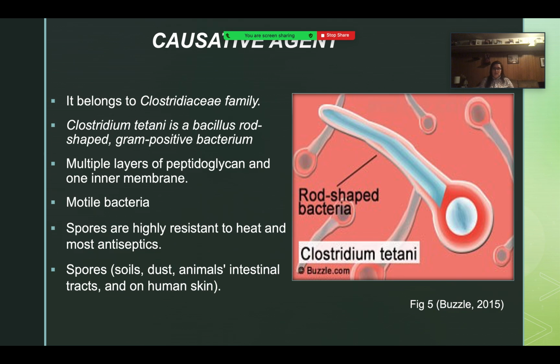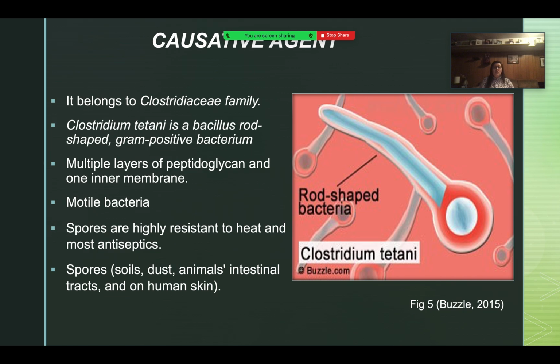The causative agent is Clostridium tetani. Clostridium tetani is a rod-shaped, gram-positive bacillus. It is formed by multiple layers of peptidoglycan and one inner membrane.